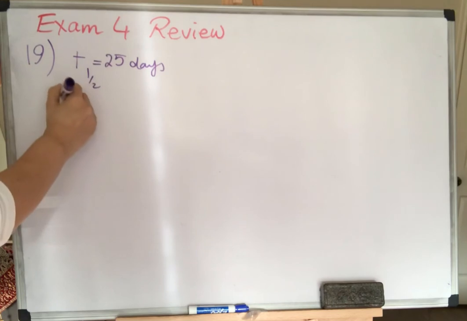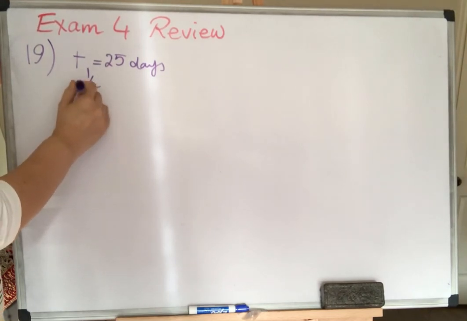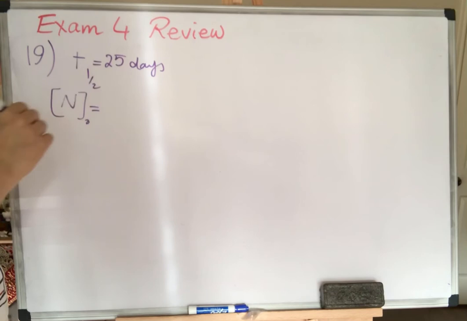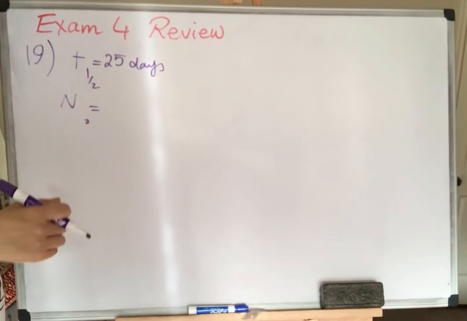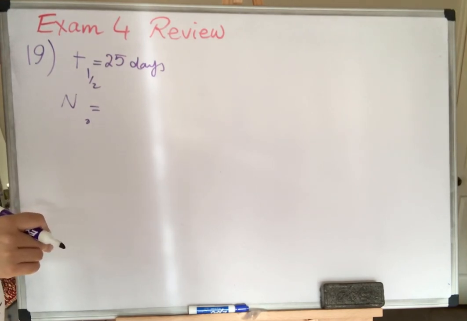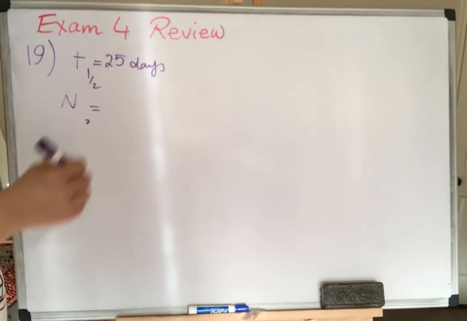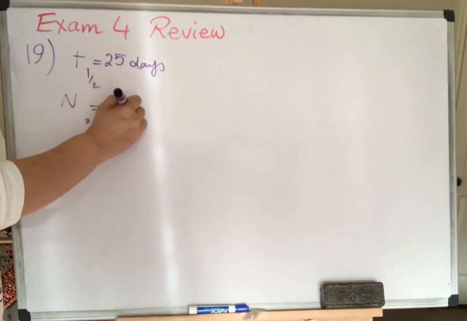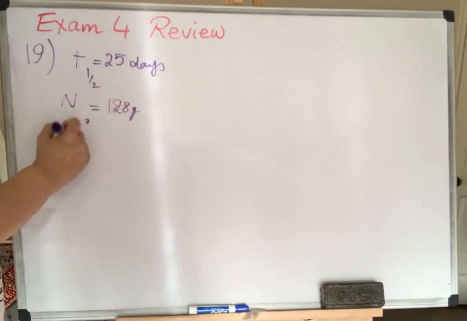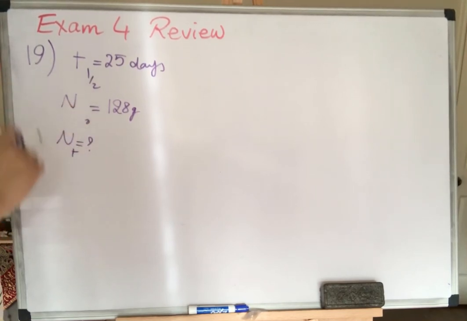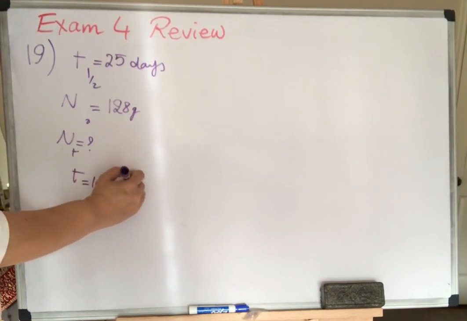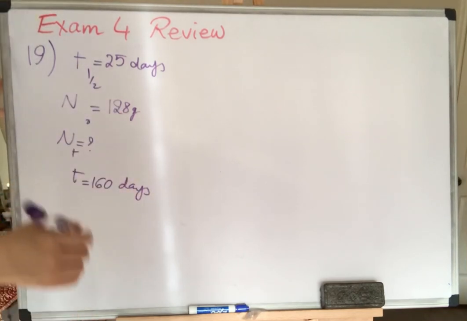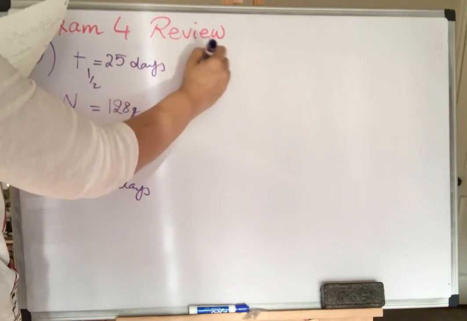So the original sample N naught is 128 grams. And NT is the question, and T is 160 days. So first we need to find the rate constant.